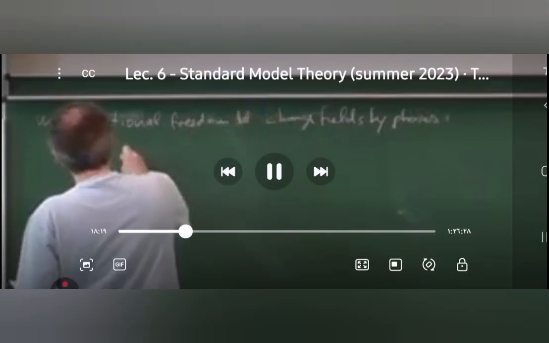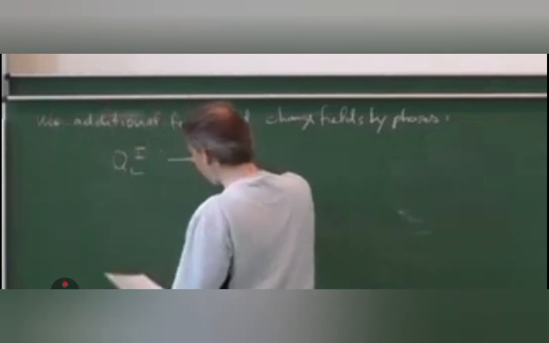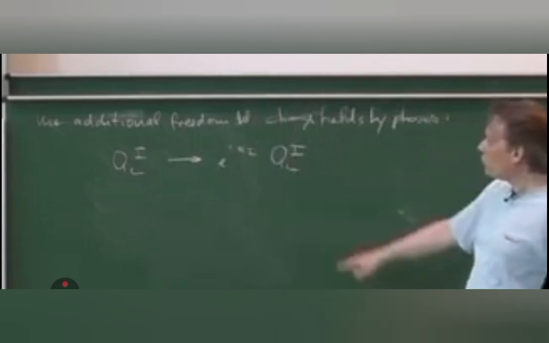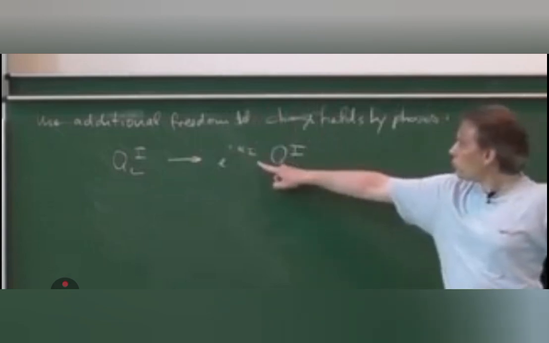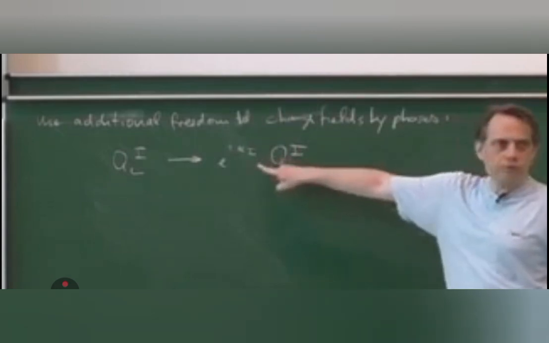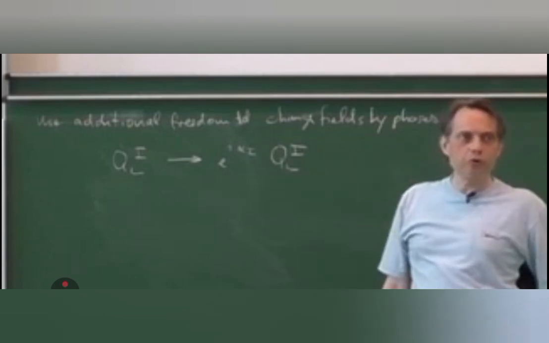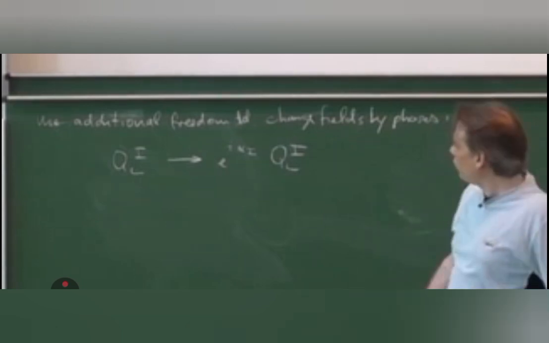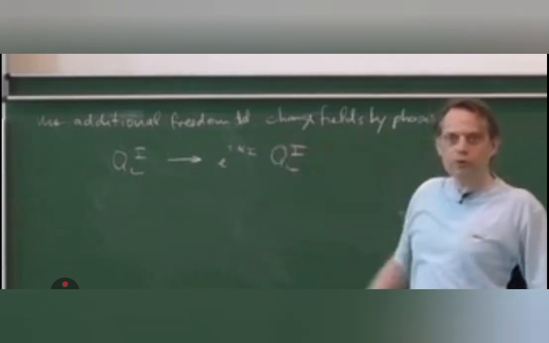So we can do, for example, Q_LI is multiplied with a complex phase e to the i alpha_I, Q_LI. Okay. Suppose we do that. So each generation of this doublet is now multiplied with a complex phase. That is not a gauge transformation, it is just a redefinition of our quantum field operator by a complex phase.